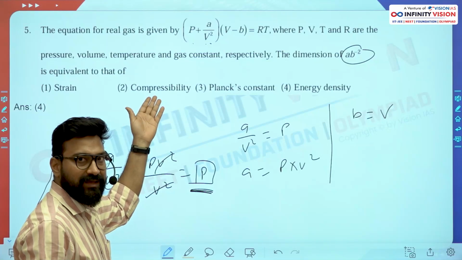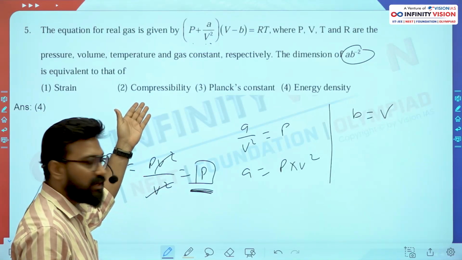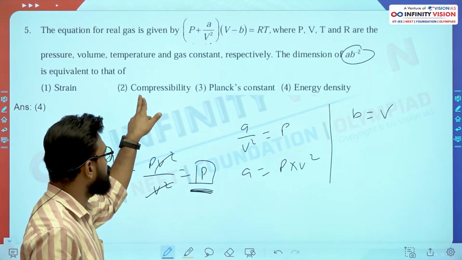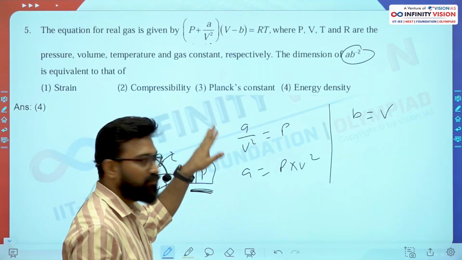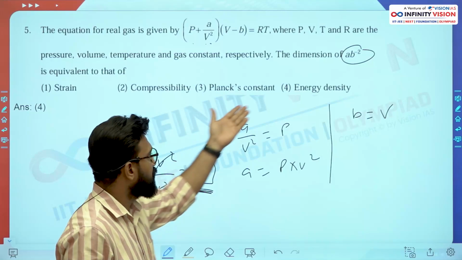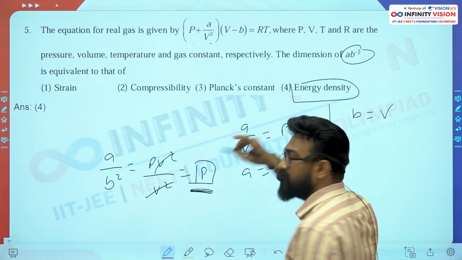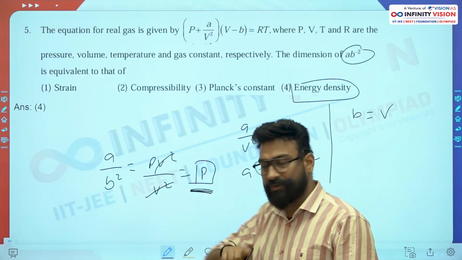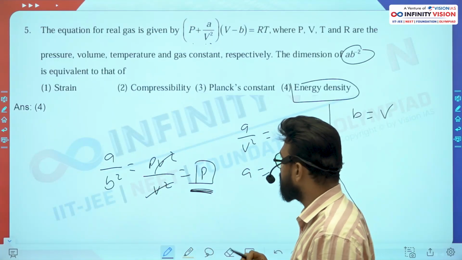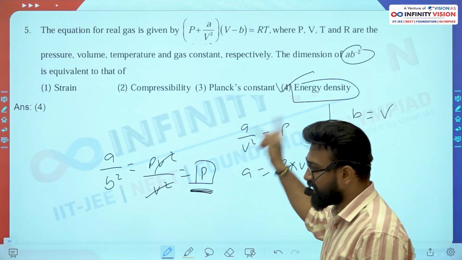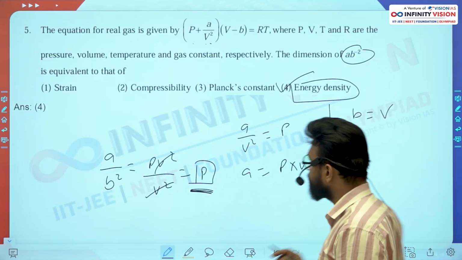Compressibility would be the inverse of bulk modulus, and bulk modulus is directly proportional to pressure, so this can't be true. Planck's constant again won't have the same dimension as that of pressure. So energy density is the last option, which is energy per unit volume. Calculate it, you will get this answer as the fourth one. So the pressure and energy density would have the same dimension.